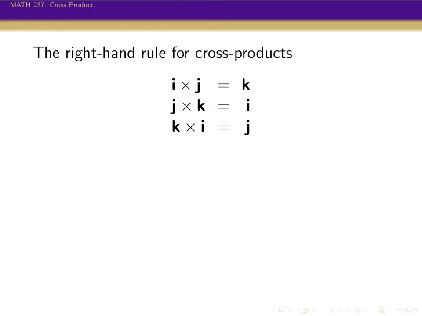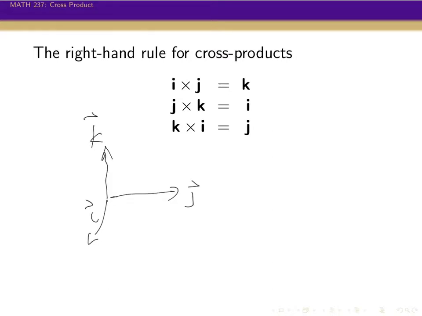Okay, so if we think about this specifically in terms of our component vectors in 3-space. Remember, I is going down towards us, J is going to the right, K is going straight up.